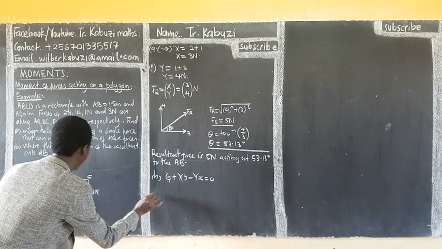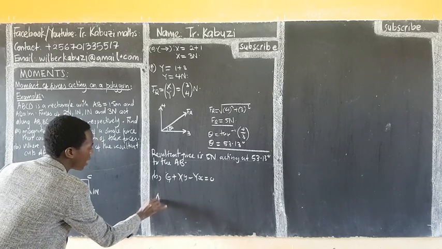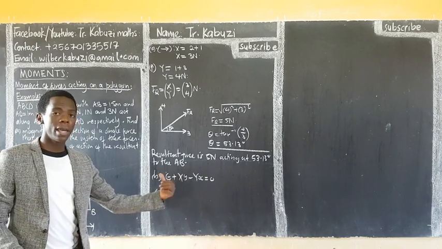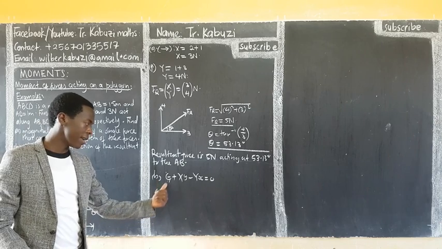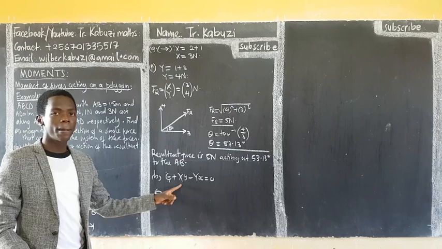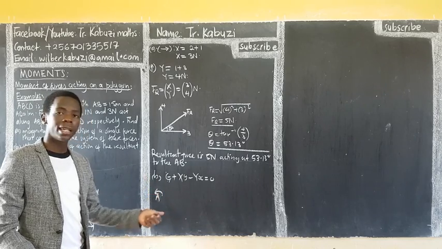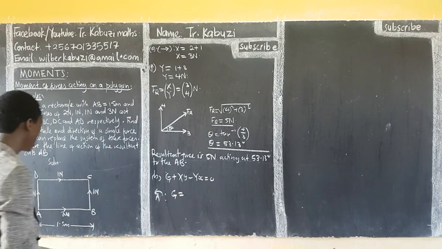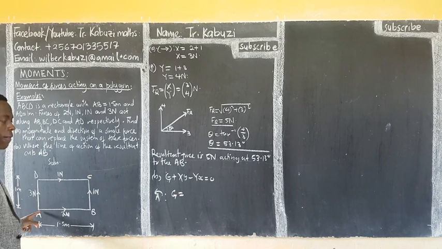First of all, if I take moments about A, anti-clockwise, because in this equation we took them anti-clockwise. That's why whenever they ask for the line of action, take it anti-clockwise. If you are going to use the other one, then you can take them clockwise. So my moment here about A: any force coming from A has a moment of 0.